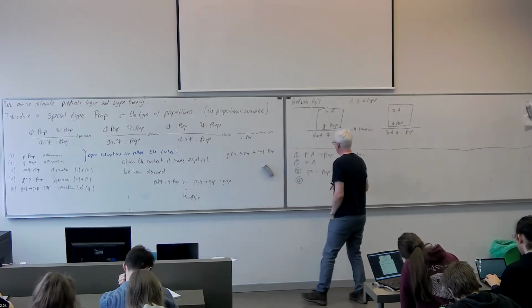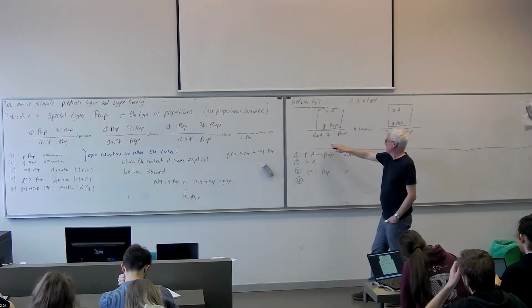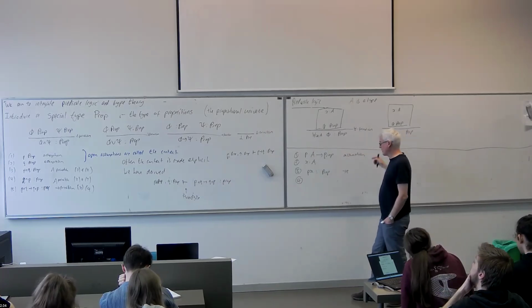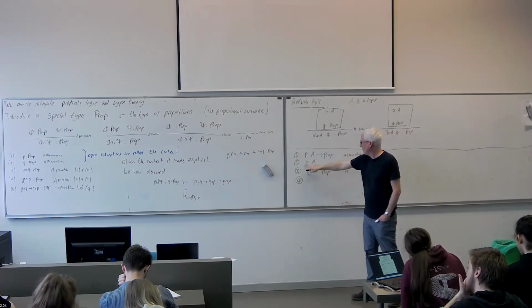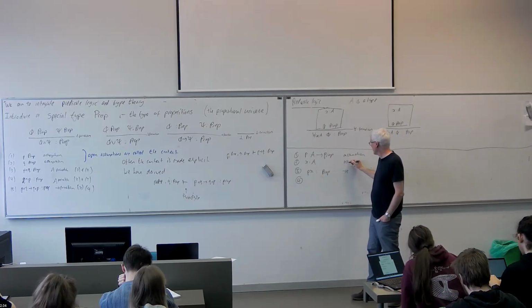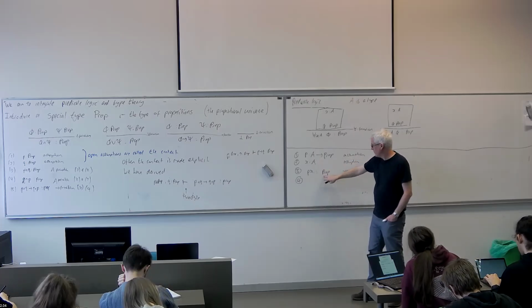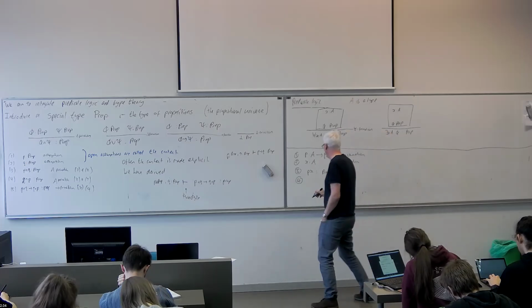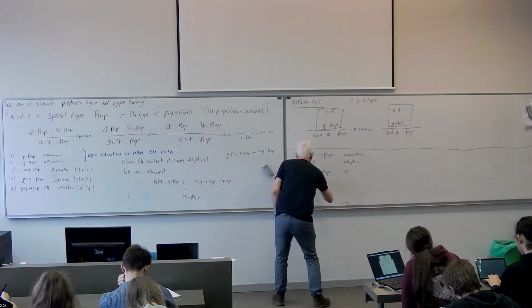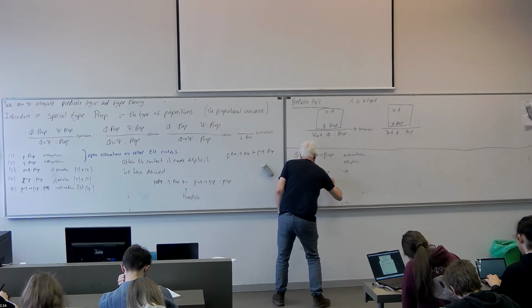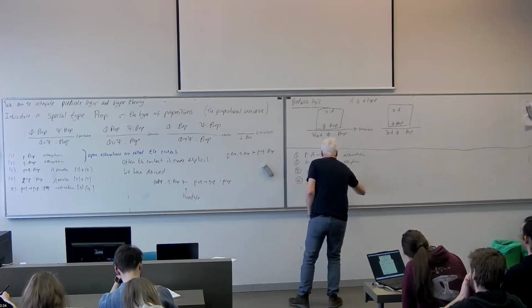And now we can construct the universal quantifier or the existential quantifier, because from the assumption that X was in A, we've derived P of X as a proposition. And so for all X in A, P of X is a proposition.